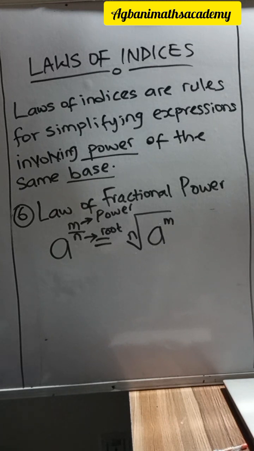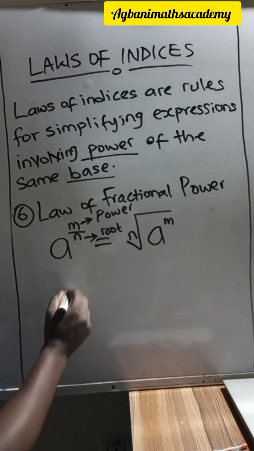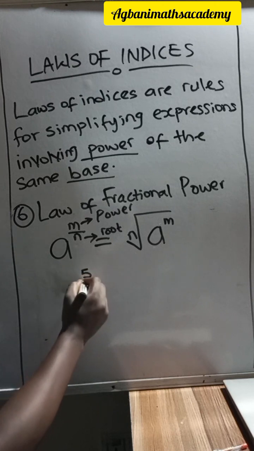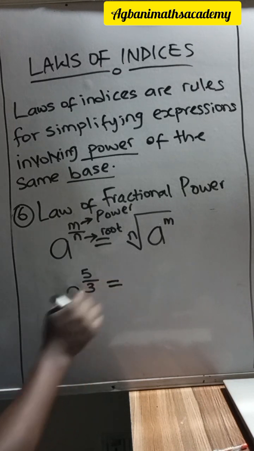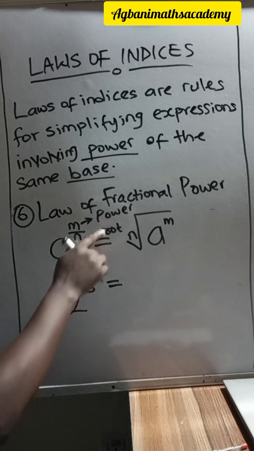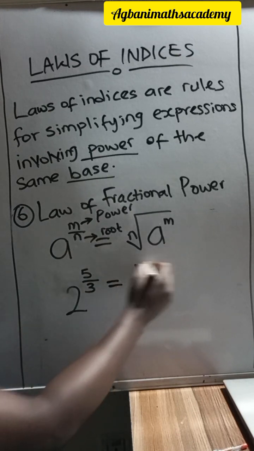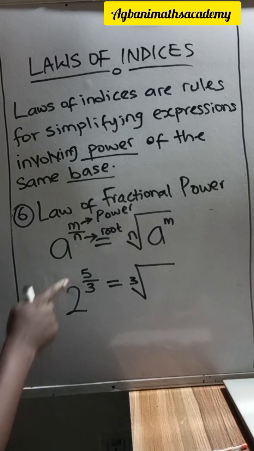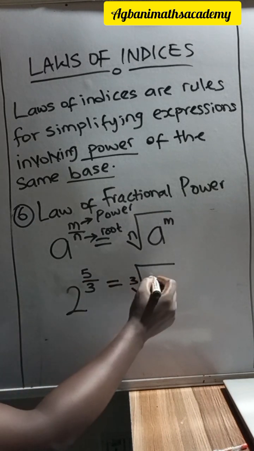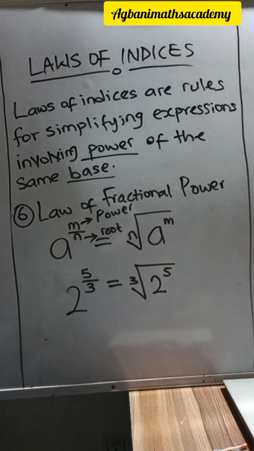Let's look at an example. If you have 2 to the power of 5 all over 3, this is the same thing as, remember, the denominator is a root, so we have the cube root, and the numerator is a power, so 2 to the power of 5.